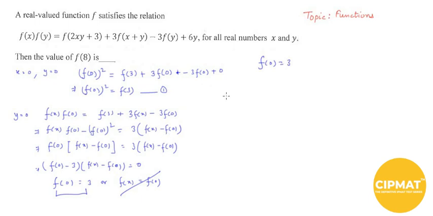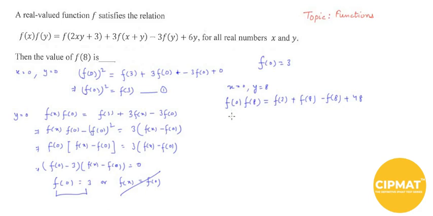Okay, now let me put x equals 0 and y equals 8 in this given functional equation. So what we get here is f(0) into f(8) is equal to f(3) plus f(8) minus f(8) plus 48.